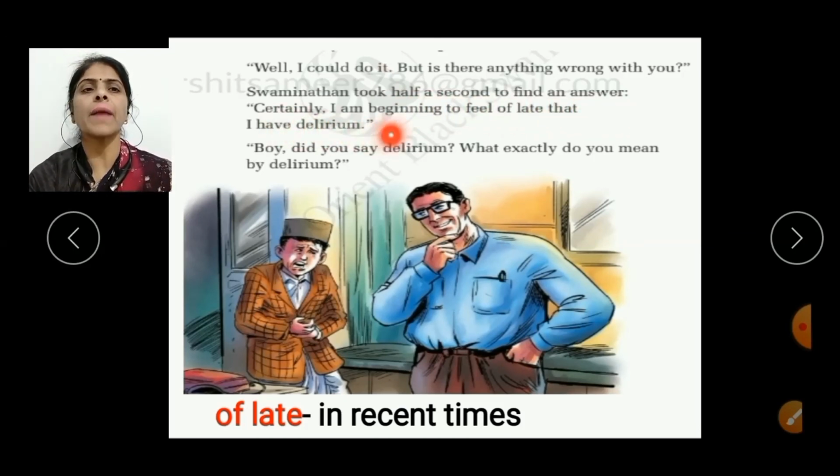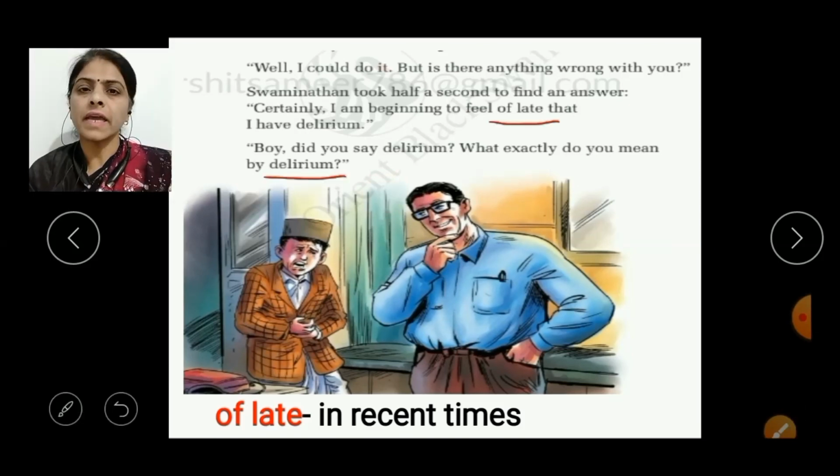"Certainly, I am beginning to feel of late that I have delirium." "Boy, did you say delirium? What exactly do you mean by delirium?" Here we have two new words, of late and delirium. Of late means in recent times.